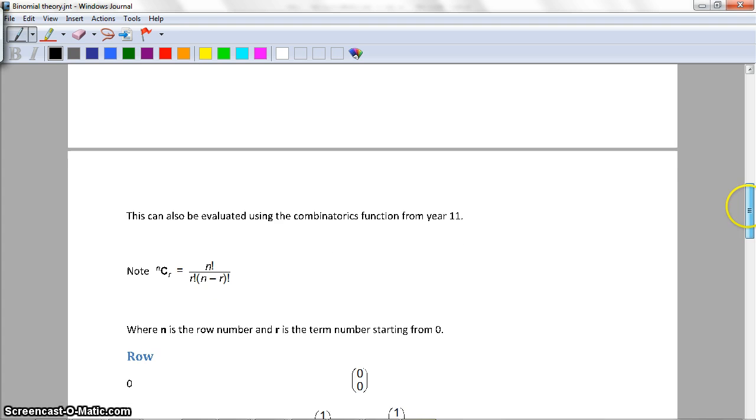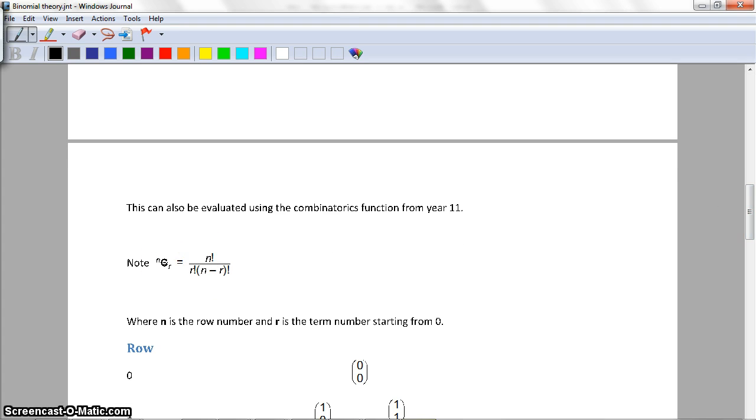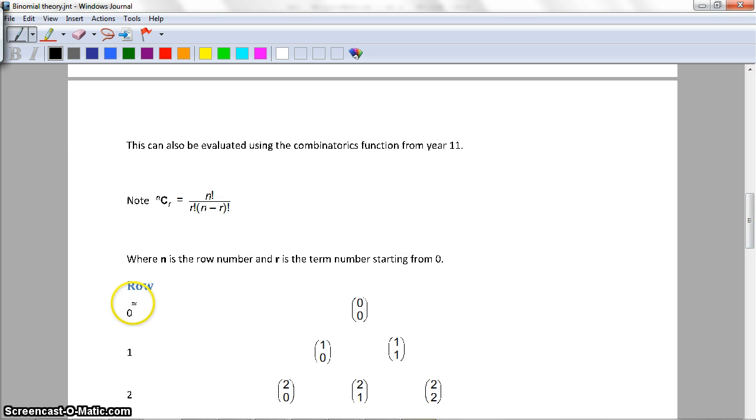You need to know this formula, nCr, and this does come up in a couple of things this year, so you do need to be aware of it. Remember that nCr is n factorial over r factorial times (n minus r) factorial. I'm going to say that n is the row number, and we start at row 0, and then go to row 1, row 2, so on and so forth. And r is the term number starting from 0.